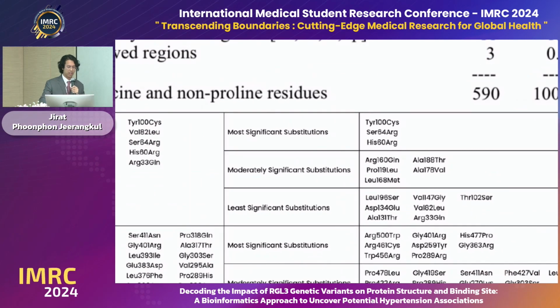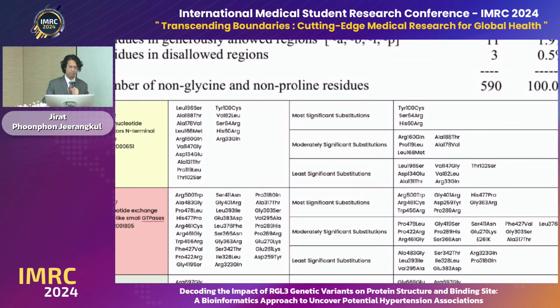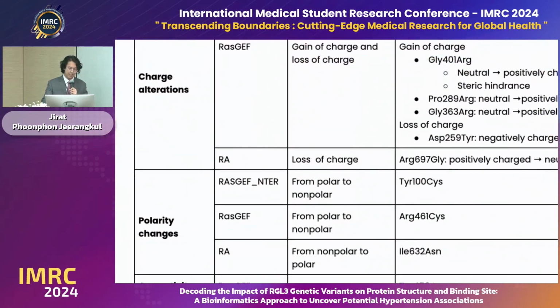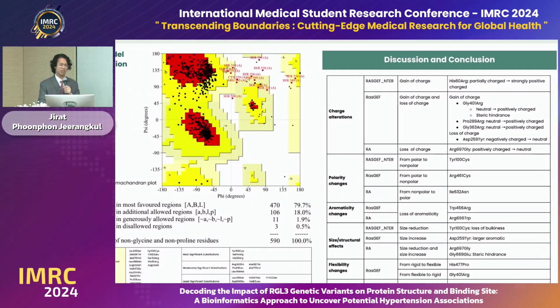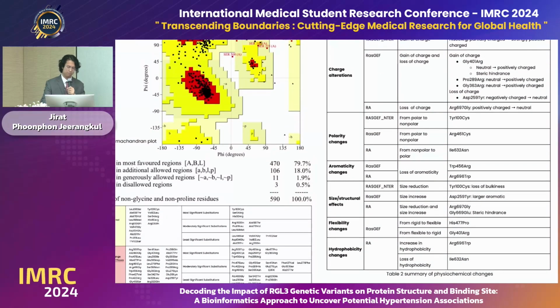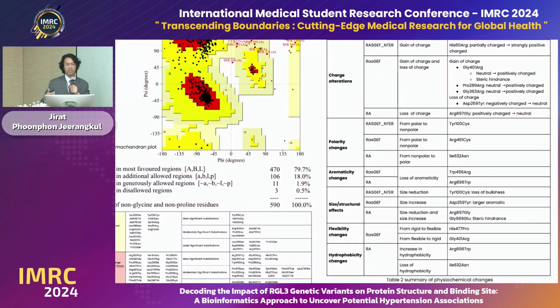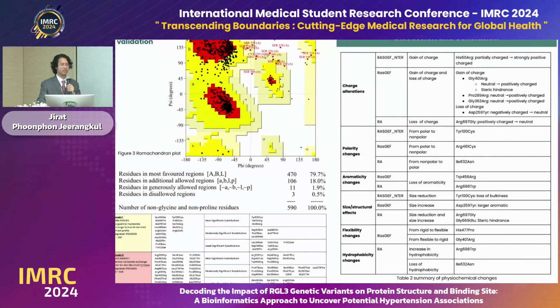So that's why we say that it changed the most. And these are the criteria of the property change, for example the charge, polarity, aromaticity, size, flexibility, and hydrophobicity. If there's a big change in these, we could say that it might affect the binding or interaction of the protein and might affect the function of the signal transduction pathway.